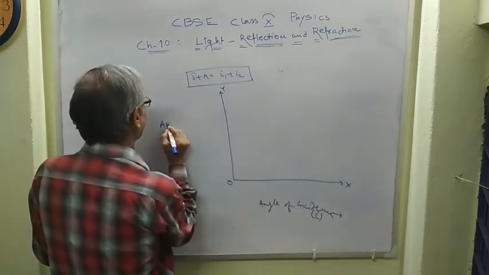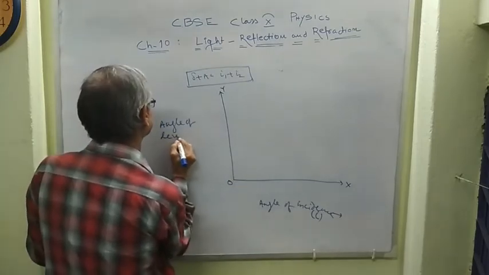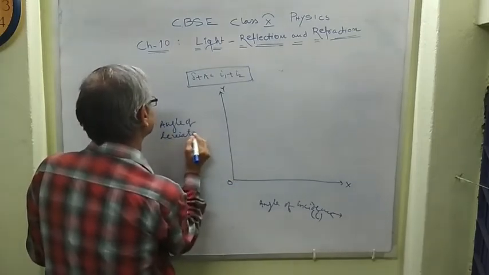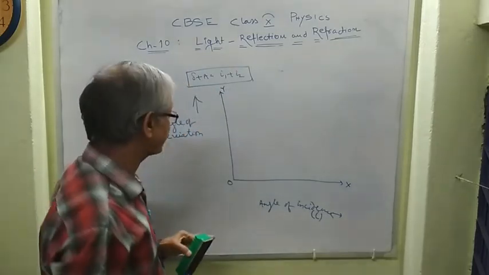Angle of deviation on this axis, the y-axis or ordinate, right?